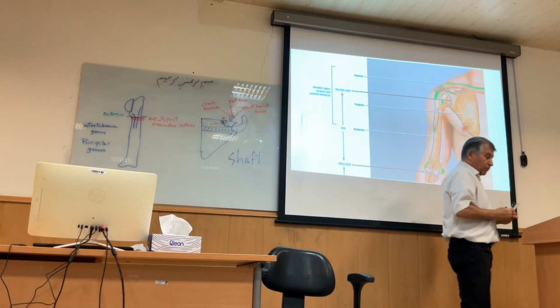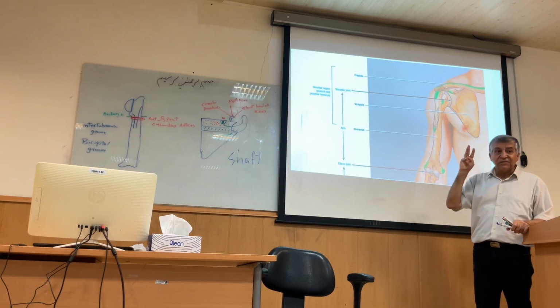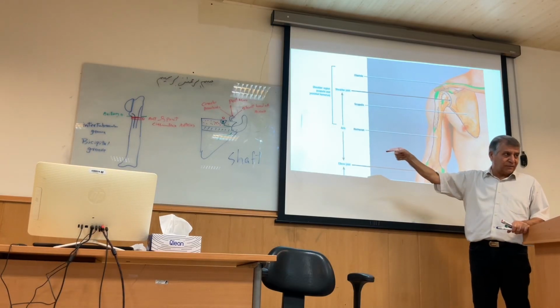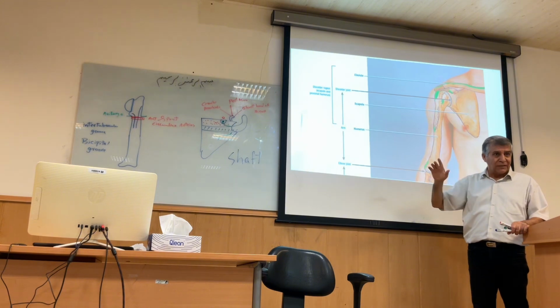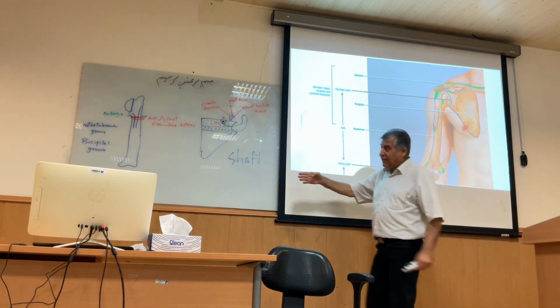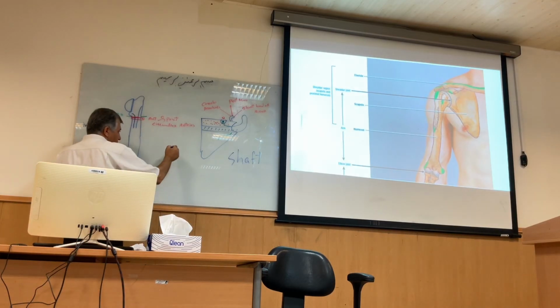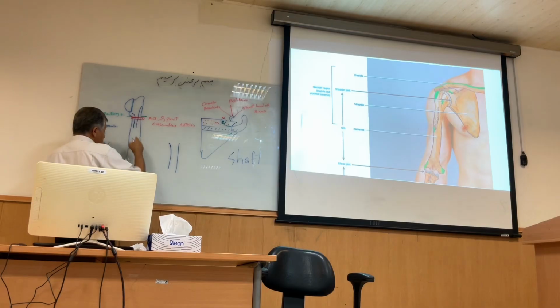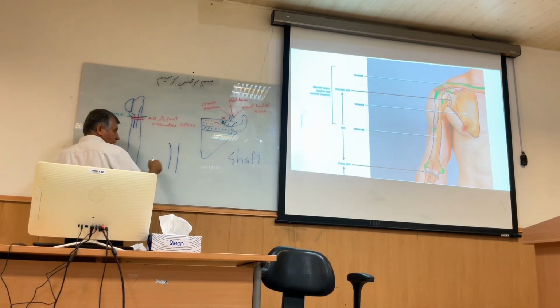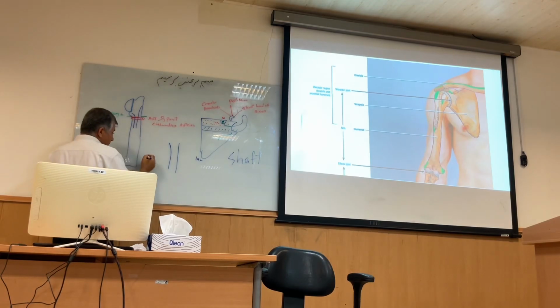This area is very important because three muscles attach here. What are the three muscles? Intertubercular groove. This one is lateral, this one is medial. Okay.